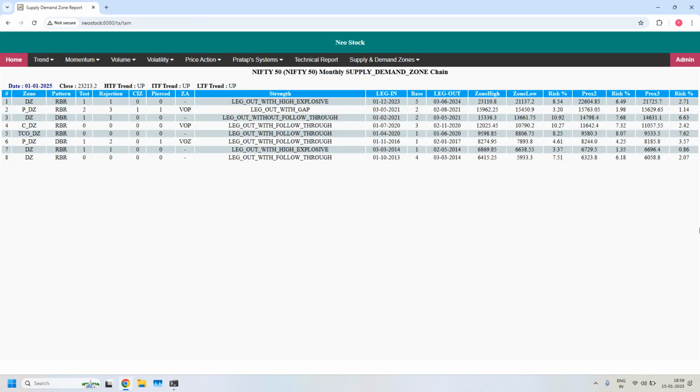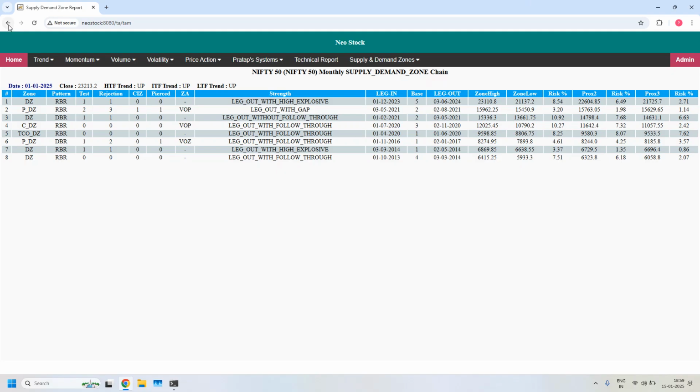So this is NIFTY monthly supply demand zone chain. Always look into the zone column to find high liquidity zones. Look into the pierced column to find the pierced zones. Always look into the LTF trend to find the trend of the current time frame you have selected. Apply these rules to the remaining reports also.